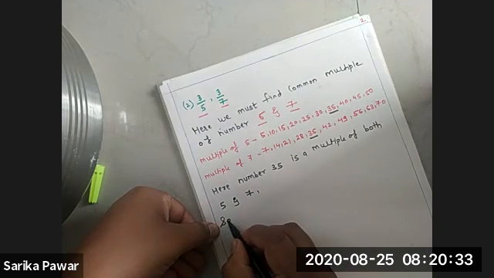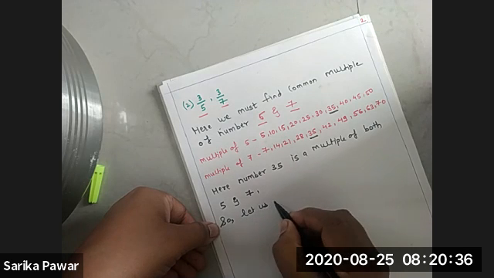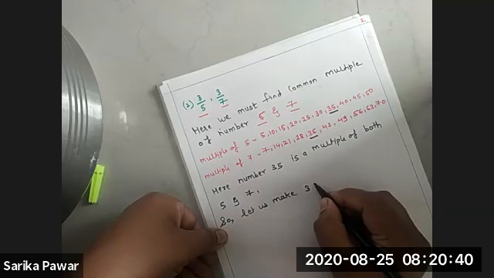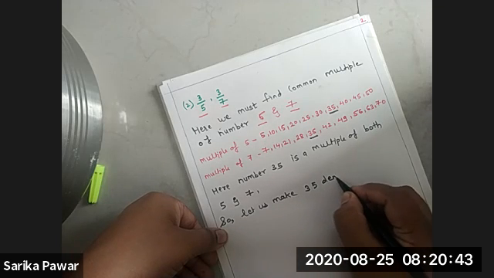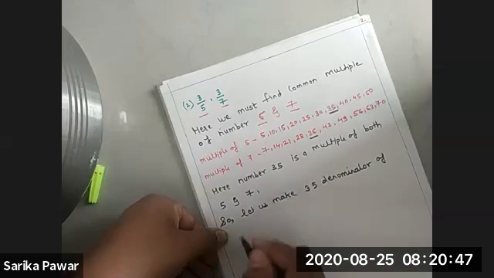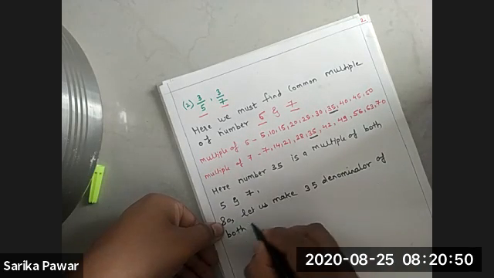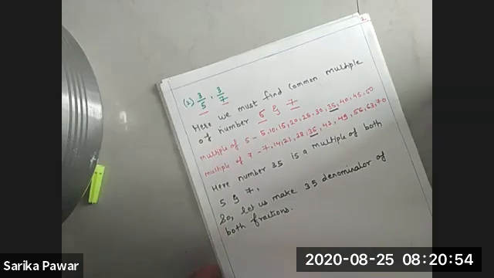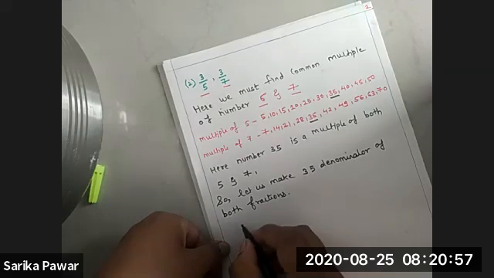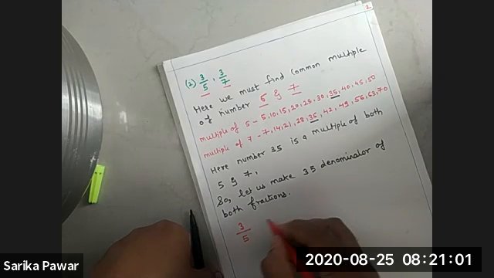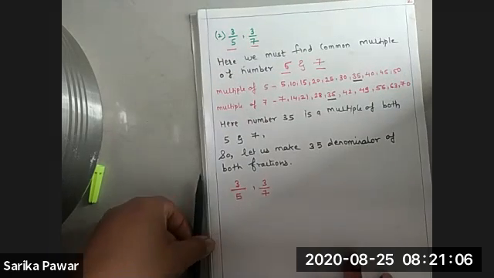So let us make 35 the denominator of both the fractions. Right? Now, what's the question? 3 upon 5 and 3 upon 7. Right? So now what we have to do?